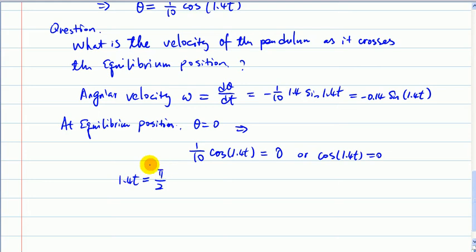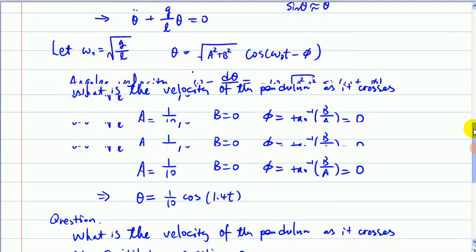Well, not just pi over 2, because your swing is back and forth, so there are infinite terms. The first swing is pi over 2, and the second swing is plus 2 pi, so you can have as many swings as possible, plus 2k pi. Your 1.4t could also be 3 pi over 2.